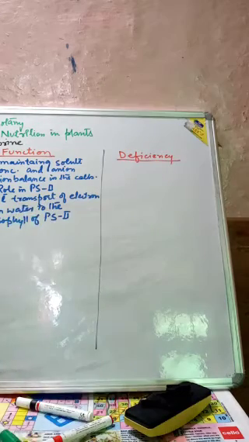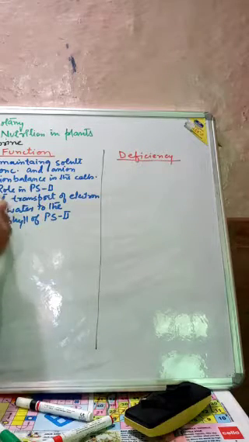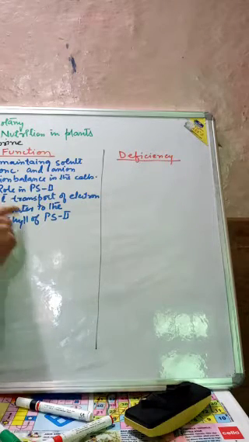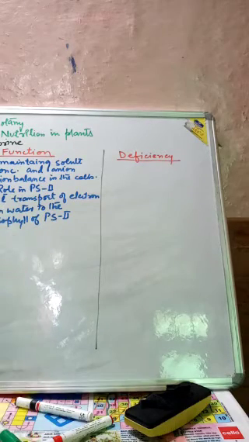So it plays an important role in photosystem II. The chloride ion helps in the transport of electrons from water to the chlorophyll of photosystem II.